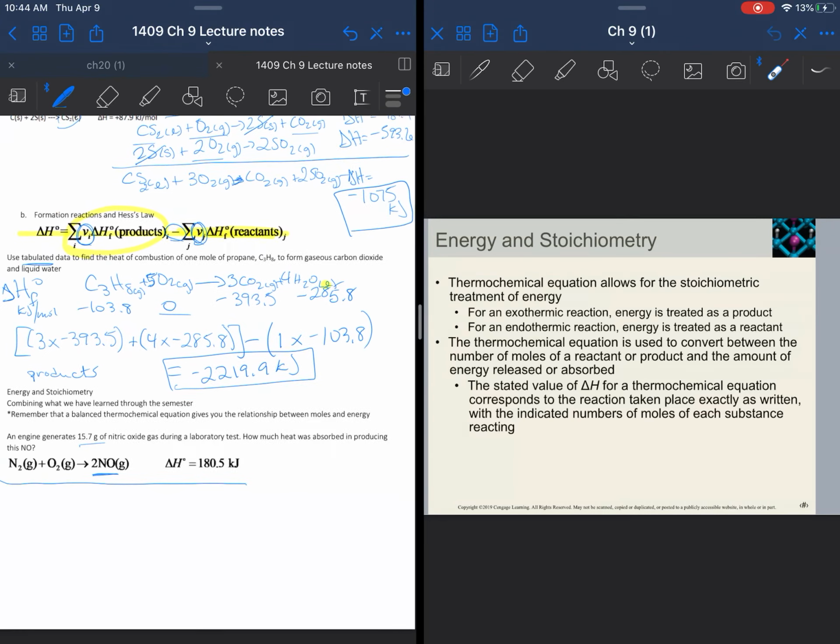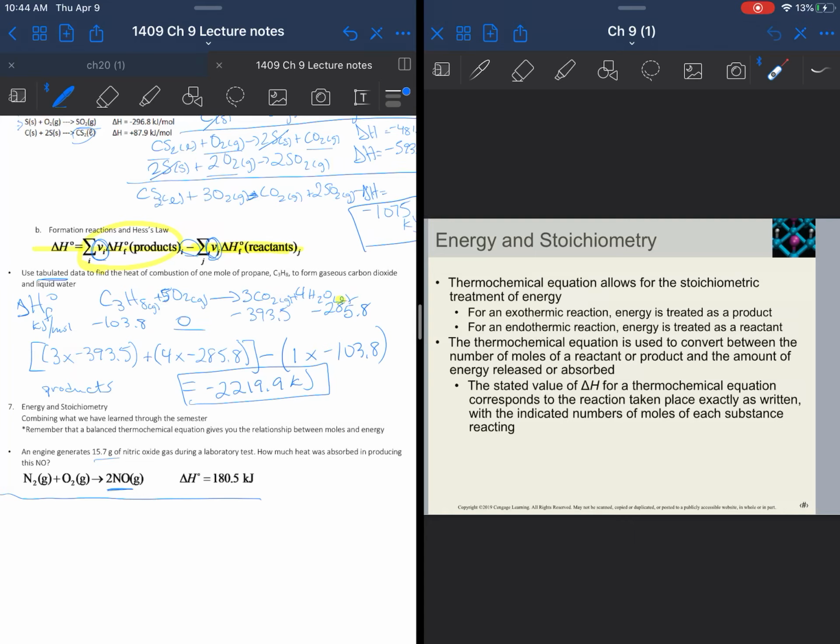If we look at this example problem, an engine generates 15.7 grams of nitric oxide, the NO gas. During this test, how much heat was absorbed? You notice delta H is positive. That means this reaction requires heat. It's endothermic. We want to know how much was absorbed by producing this amount of NO.